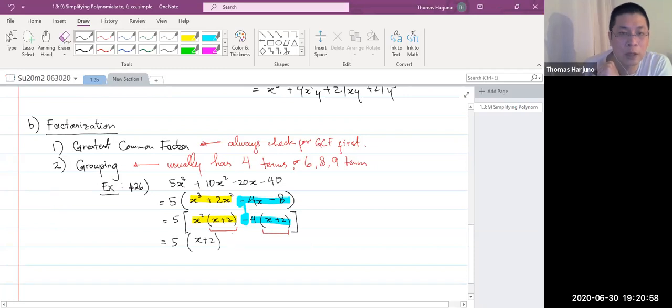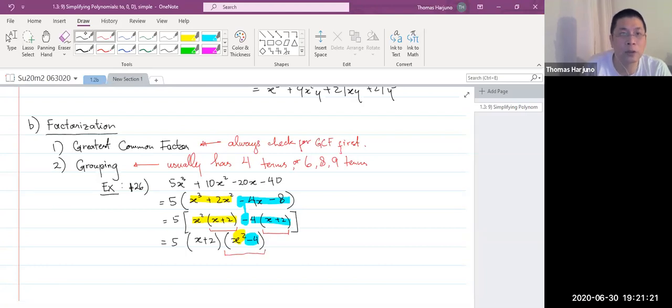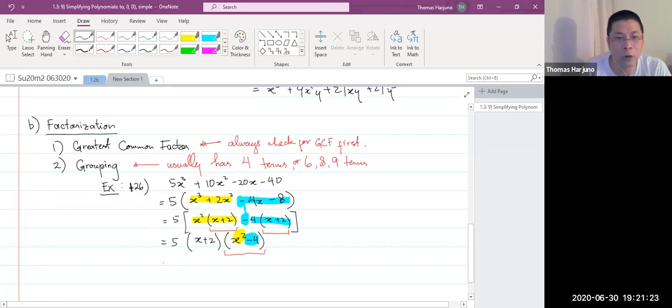So let me continue, and I will get 5 times x plus 2, that's the common factor, I take it out, and then x squared minus 4. X plus 2, I factor it out, right? Now, you see that this happens to be another special factoring. That's difference of squares, which if I can go further, I need to go further. 5 times x plus 2, x plus 2, x minus 2.